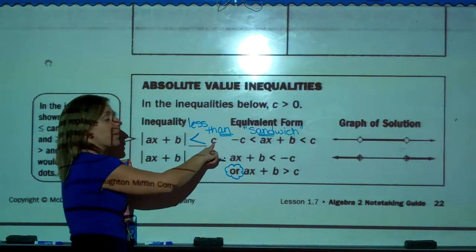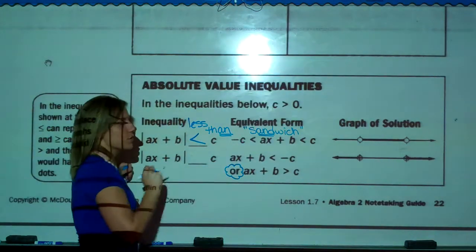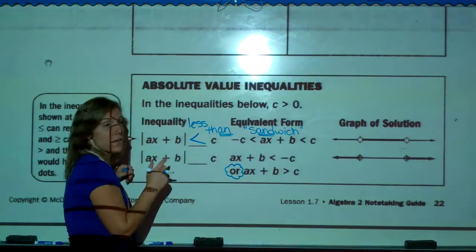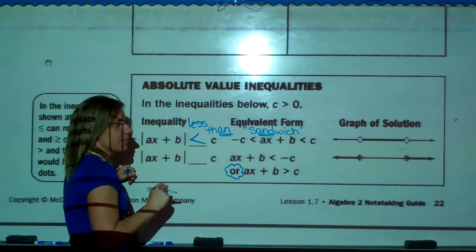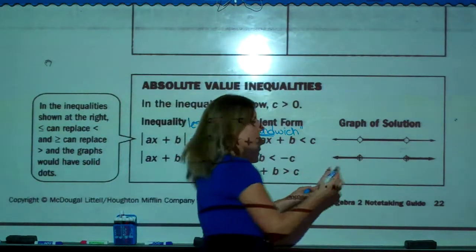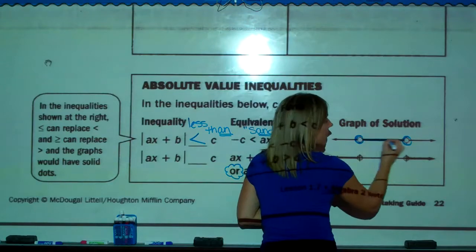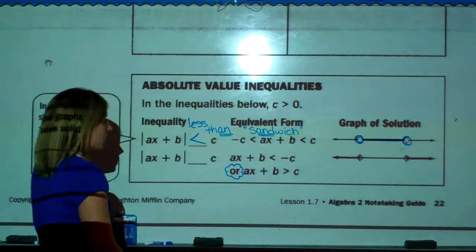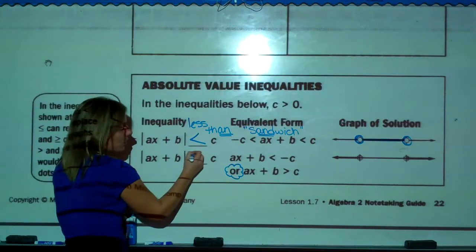So you take the positive version on the right end, and then you take the negative version on the left end. And then the sandwich, what you're solving, goes in the middle, okay? And just like our sandwich when we graphed, you had 2 ends to the sandwich, and then you had the middle, which is what we did with those compound inequalities last lesson, okay? So the OR problems are greater.